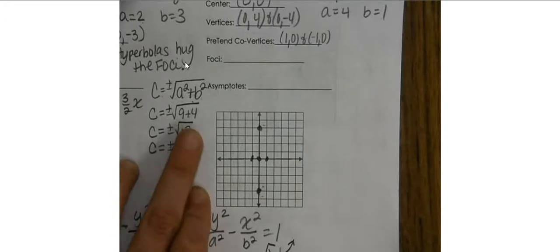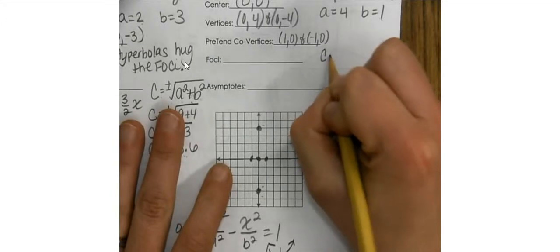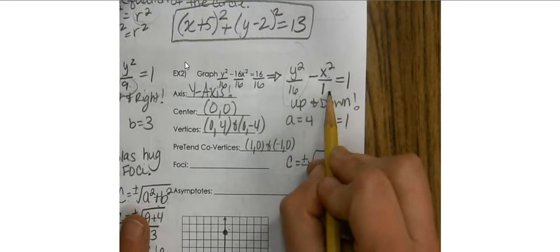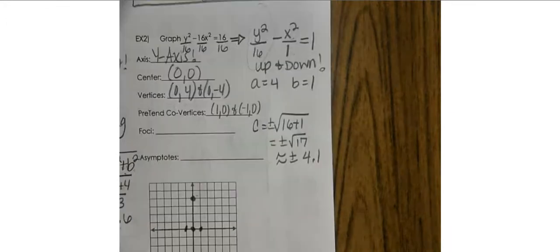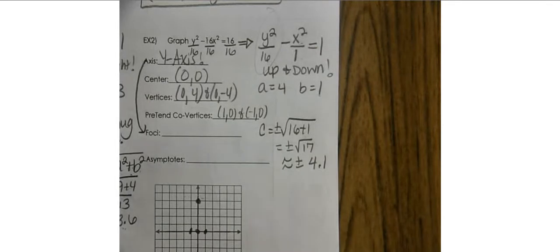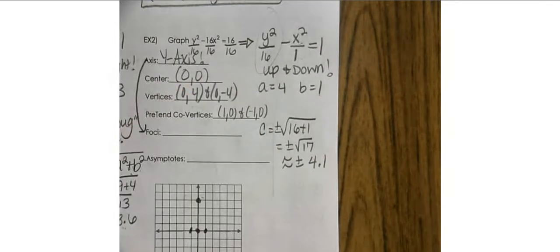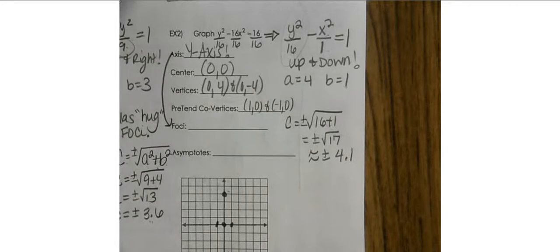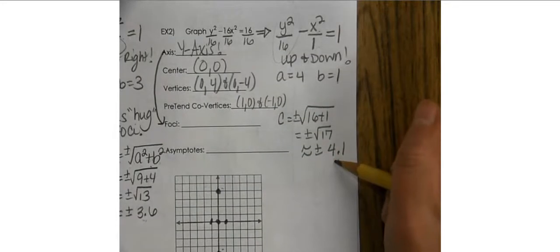My foci, I'm going to be using the formula that c is equal to plus or minus the square root, and I'm simply going to add my denominators together under the root. So that's going to be 16 plus 1, which is equal to plus or minus the square root of 17, which is approximately plus or minus 4.1. And since my axis is the y-axis and hyperbolas hug the foci, I'm going to count 4.1 units vertically.